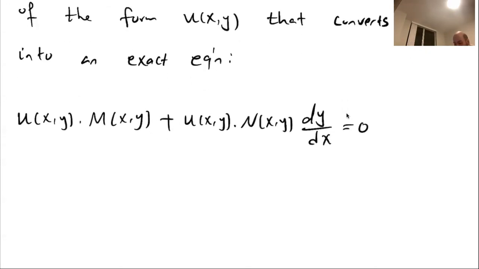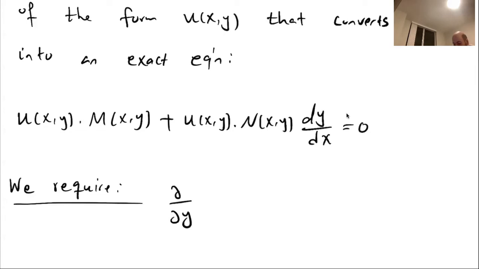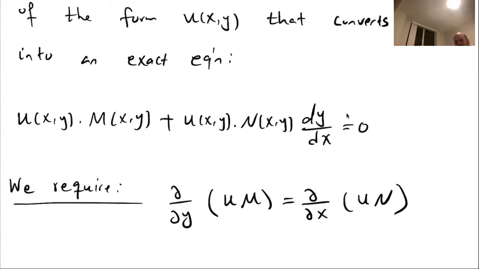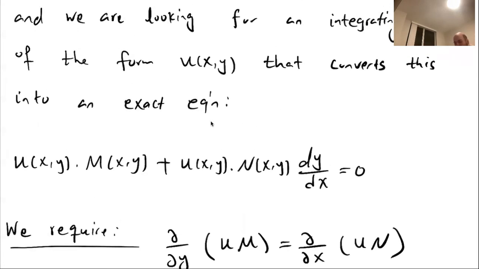And we require the partial derivative with respect to y of uM to be the same as the partial derivative with respect to x of uN. So instead of writing u of x and y times M of x and y, I just write u times M for simplicity and for convenience.